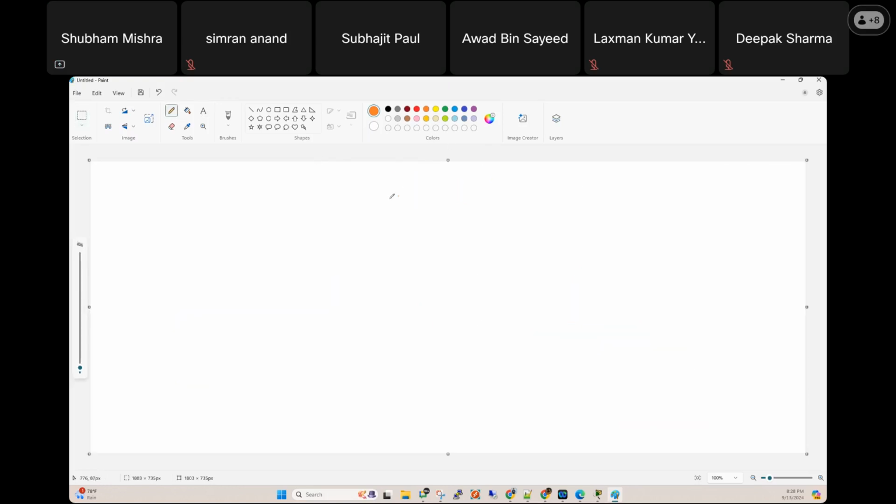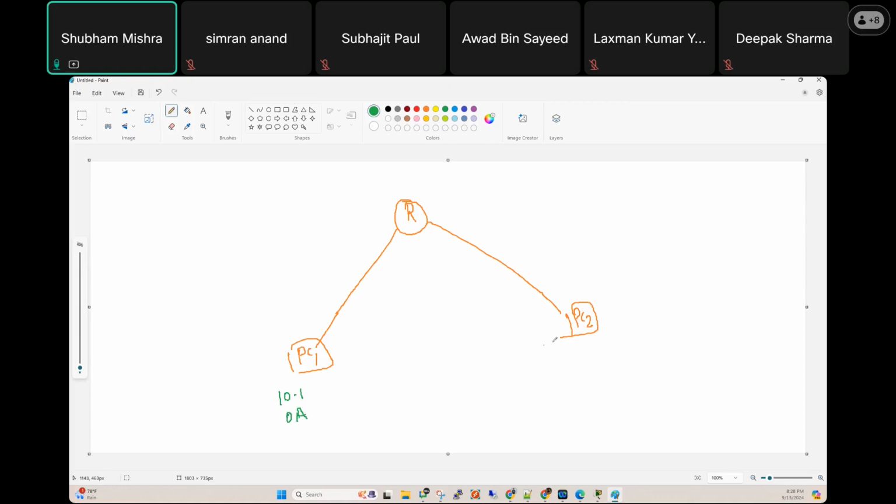Now the next thing is, this is the router. This is PC number 1. This is PC number 2. For every PC, there will be a unique IP address and unique MAC address. Let's suppose 10.1 and the MAC address is, let's suppose, 0A.